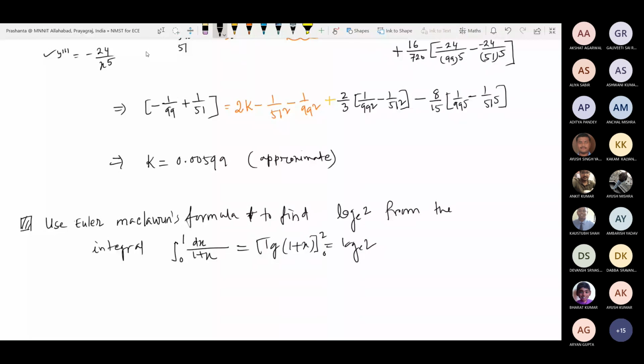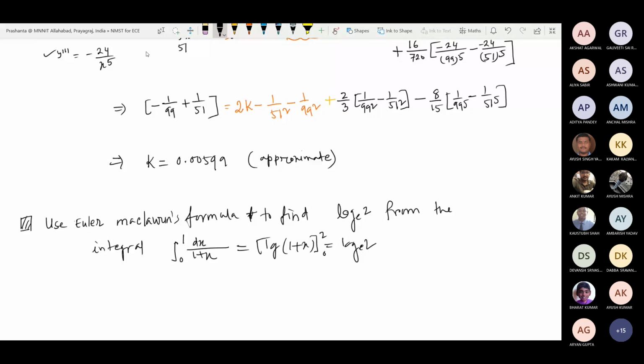So whatever the value of this integration is, that will be log 2. Use your calculator and find out the value of log 2. And then let us try to find out the value of log 2 using Euler-Maclaurin's formula. So you have to solve that definite integral using Euler-Maclaurin's formula.